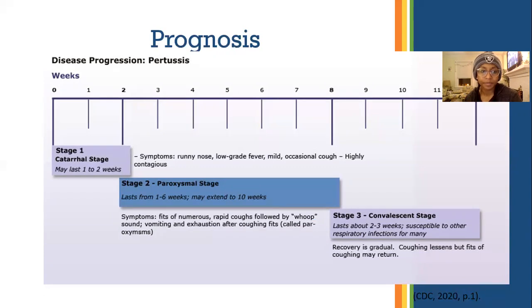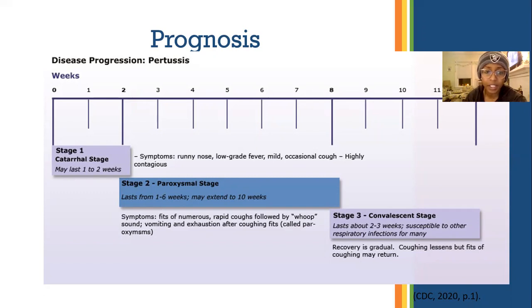The first stage will seem like a common cold, with a low-grade fever and an occasional cough. Apparently at this point it's very contagious, and you may decide not to get treatment because you may try to just wait it out. That's the problem with this stage. It lasts about 1 to 2 weeks.